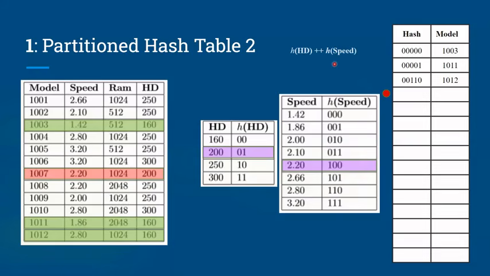So it's this entry in red, and we would calculate the hash, which would be in this case 01 corresponding to the hash of HD, and 100 corresponding to the hash of speed. So 01100 would be provided then here in the hash column, and the model would be 1007.